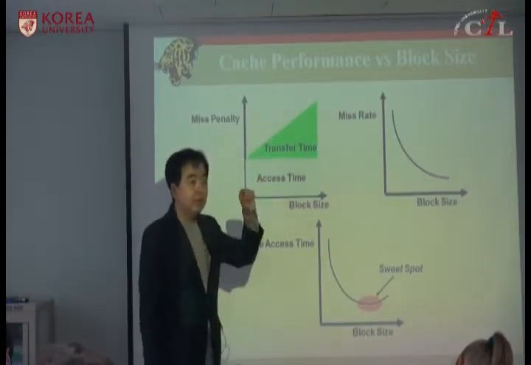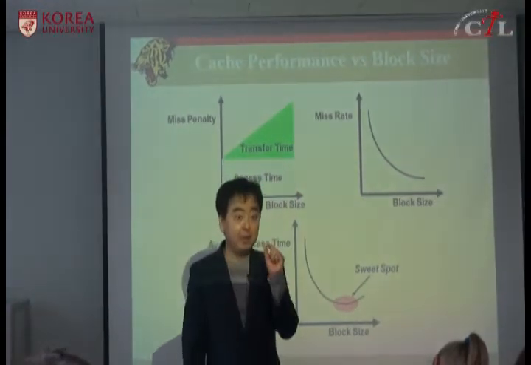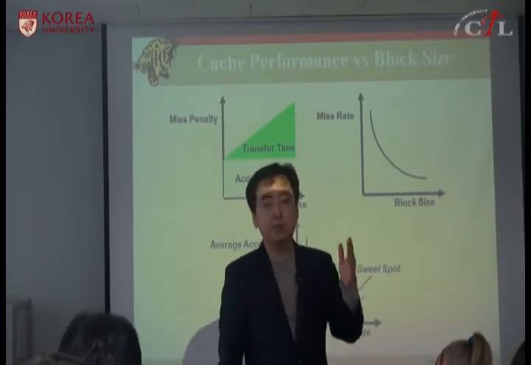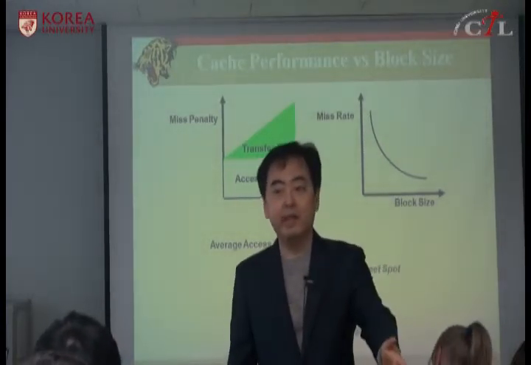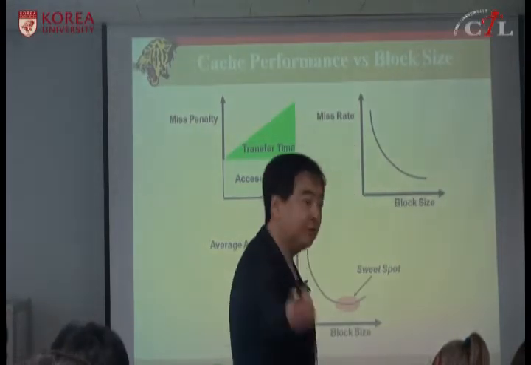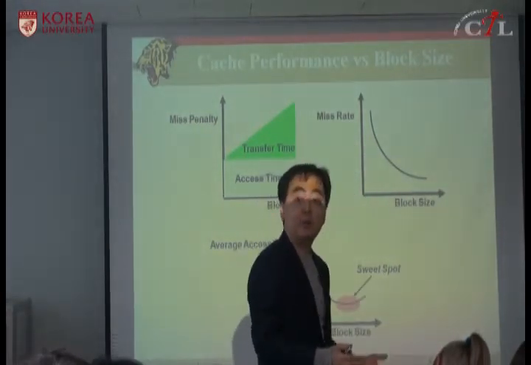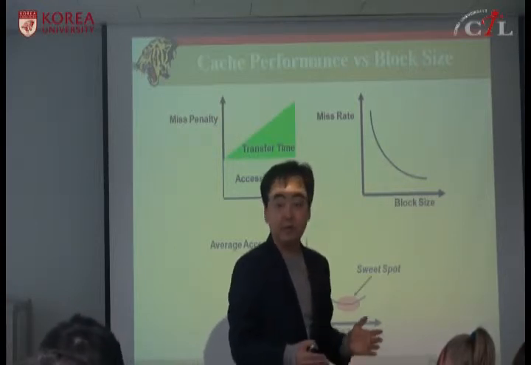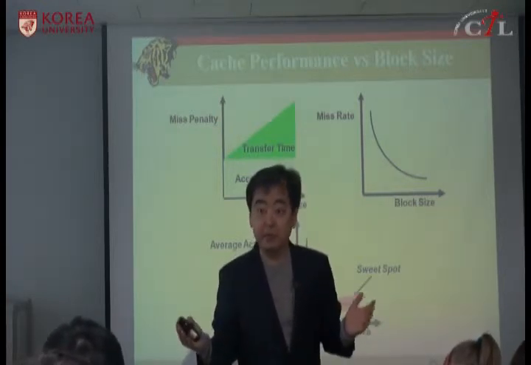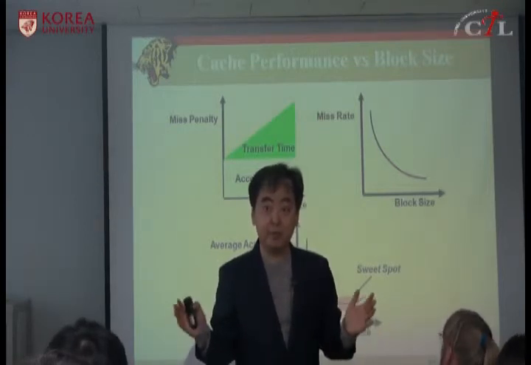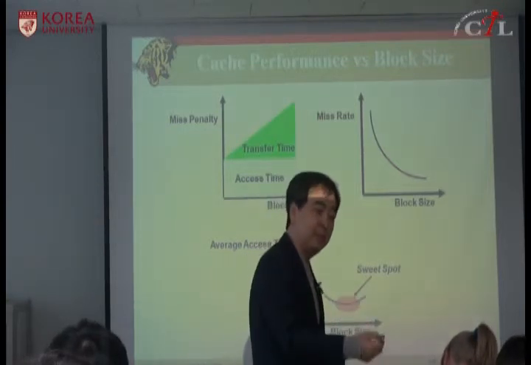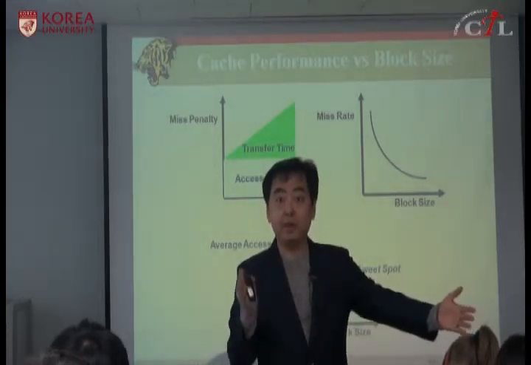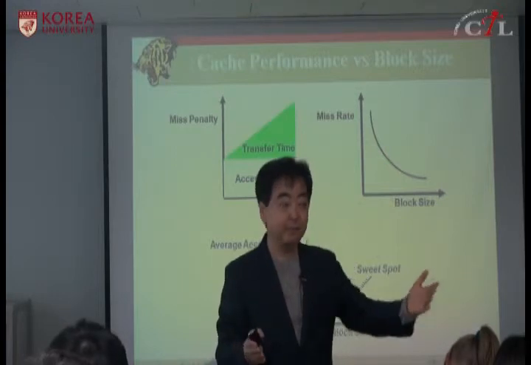Access time means the time when the first byte will arrive. You miss the cache, you go to the off-chip bus, chipset, memory bus, and somehow the first byte will arrive maybe in 400 cycles. And then you are not accessing a single byte, you are accessing maybe 32 or 64 bytes, one block, so the second byte, third byte will arrive. It depends on the bus width and bus clock speed.